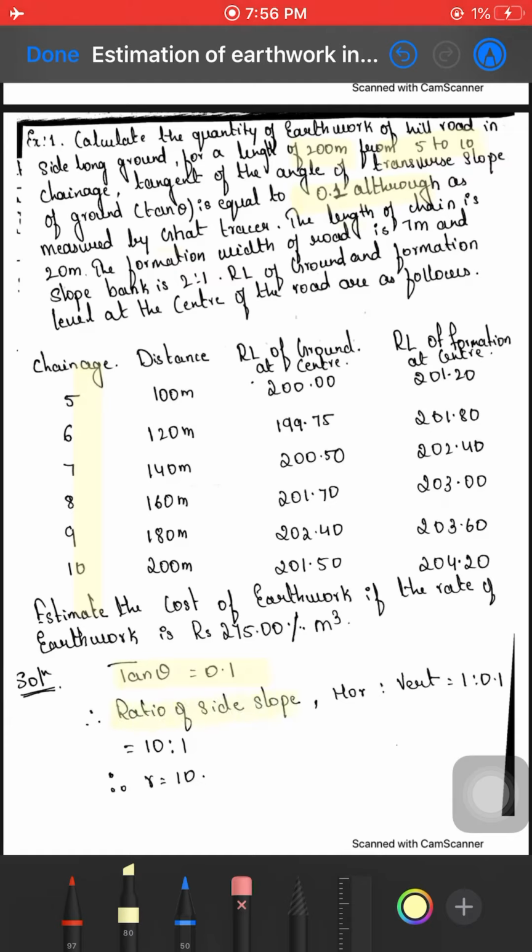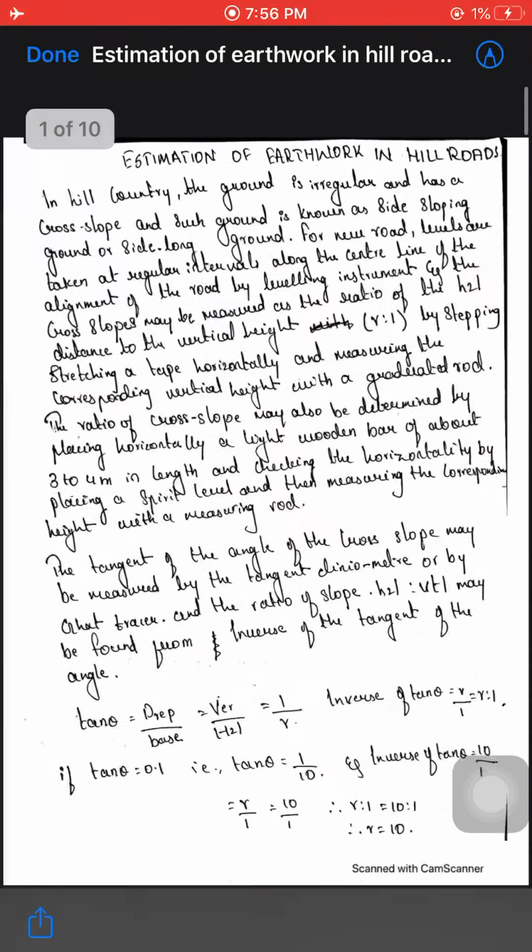The ratio of the slope, horizontal to vertical: since tan theta is 0.1, it is 1 is to 0.1. We take the inverse of tan theta, that is 10 is to 1, so R will be 10. I have explained this in the first page of these notes.